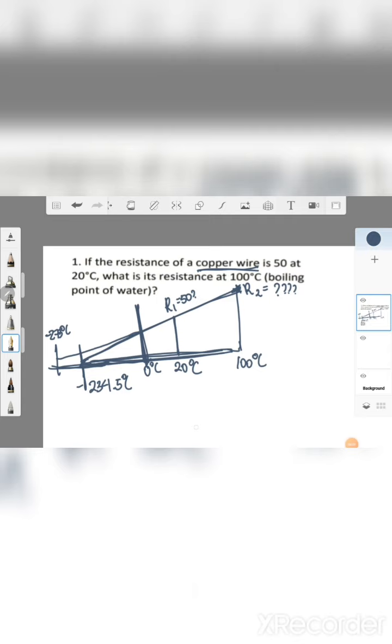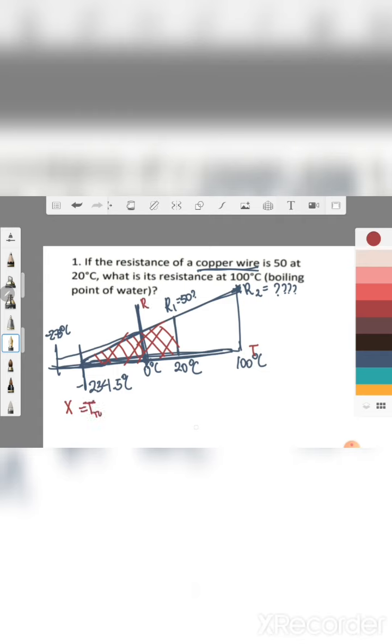Okay, let's shade it. So this will be our first triangle. As I have constructed the formula, this will be our first triangle, wherein our x, or your T, is equal to your temperature, and this is your resistance. Your x, which is equal to your total temperature, is equal to TO plus 20.